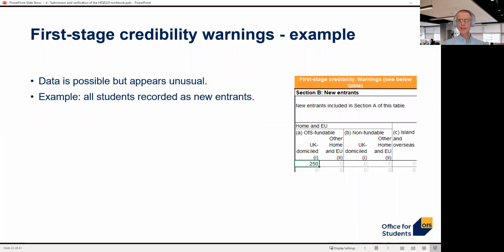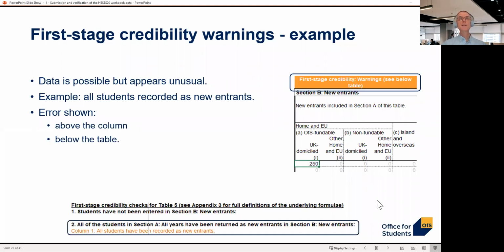It might be, for example, that in a workbook where all students are recorded as new entrants on table 5, that might be accurate for a new provider, but for more established providers, not what we'd expect to see. You see that the errors are shown above the column like this, and also in the same fashion that we saw earlier, underneath or to the side of the table. And you can see here it's highlighted, so you can identify exactly where the problem is.